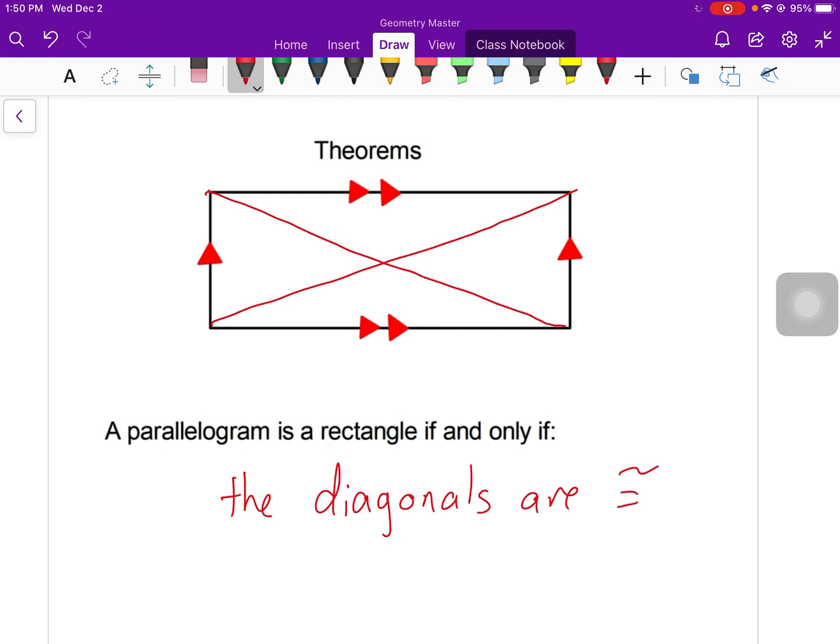I did a better job drawing this time. Good. We already knew that they bisected each other, but if they are the same length and they bisect each other, each of these 4 pieces is going to be the same. That's what we get from this theorem. Okay, it's awesome that the diagonals are congruent, but we really more so care about the fact that those 4 pieces of those diagonals are all congruent.